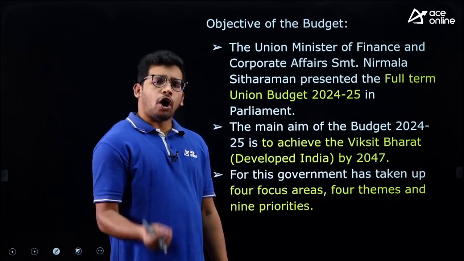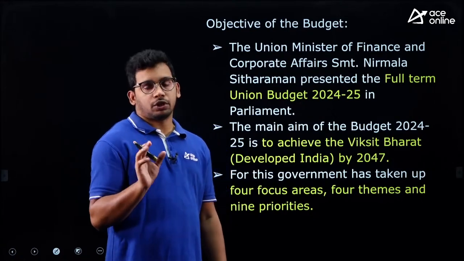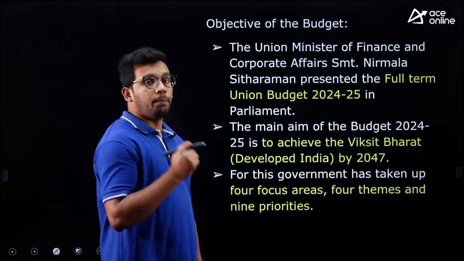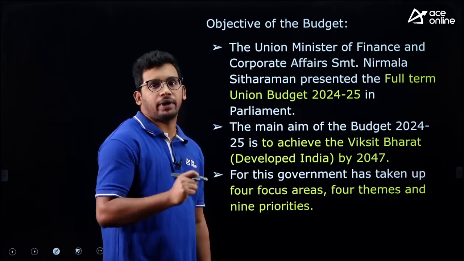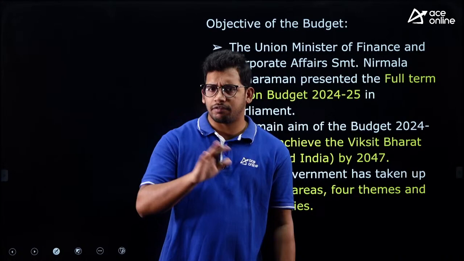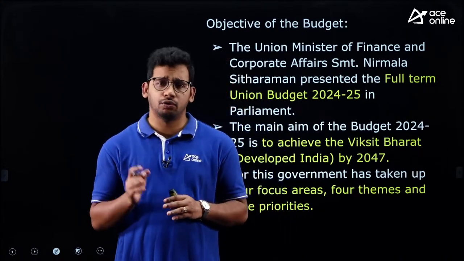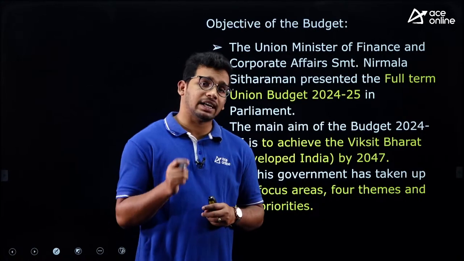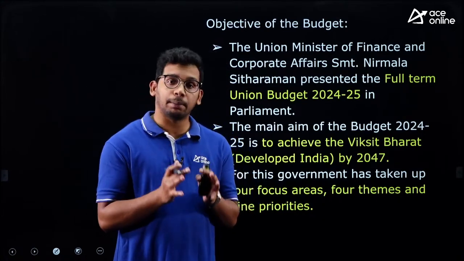Now the objective of this year's budget, the 2024 budget, is to make India a developed nation by 2047. Currently there are a lot of developed countries like the USA and many in Europe, but India is still considered a developing nation.